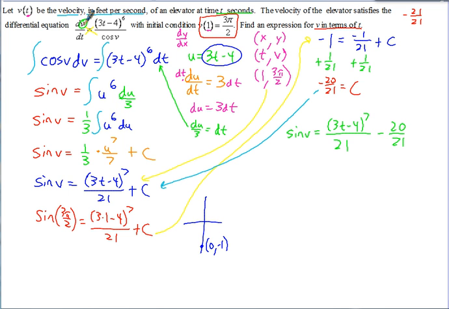So then, since the v is stuck inside of the sine, the only way to isolate it is to use the inverse of sine, which is called arc sine. Sometimes you'll see it written like this, like on your calculator. But here, I'm just going to write it as the arc sine. So we're going to take the arc sine of the sine, and that means we're going to take the arc sine of the other side of the equation as well.